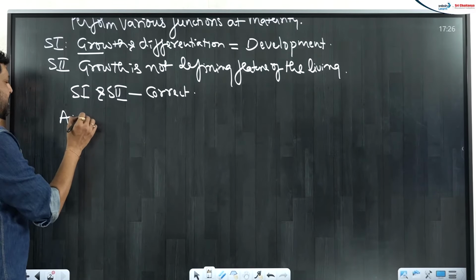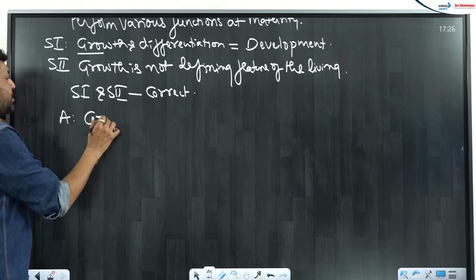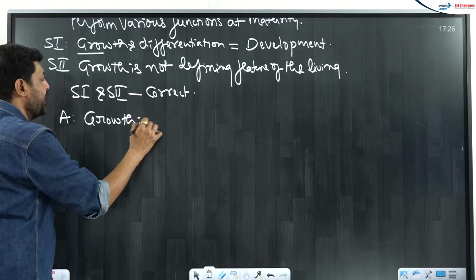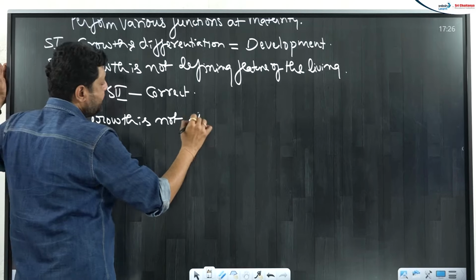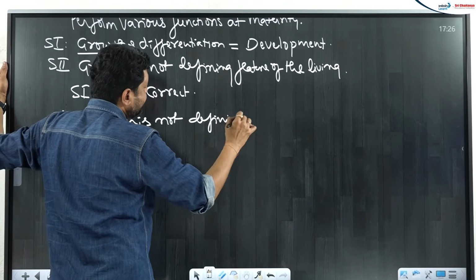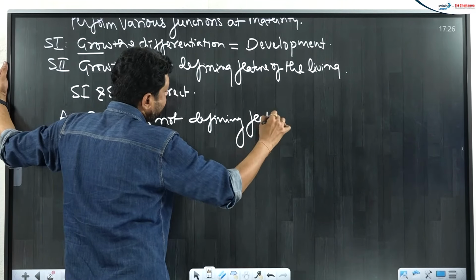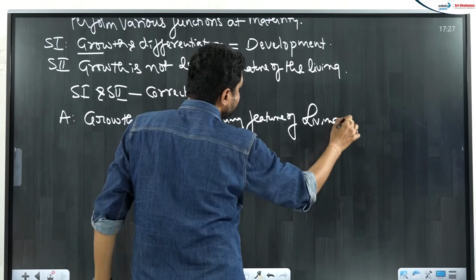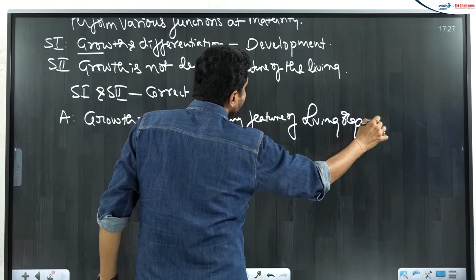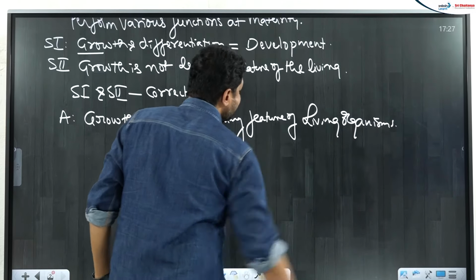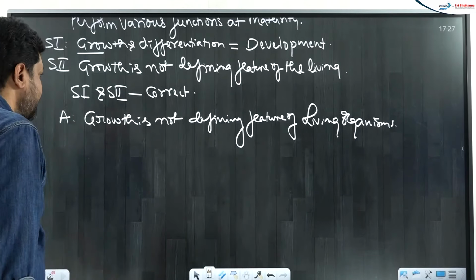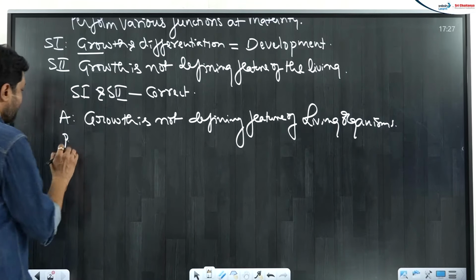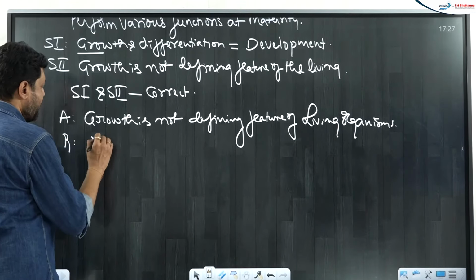This is assertion. Growth is not defining feature of living organisms. Yes, got it. And now I will write the reason.